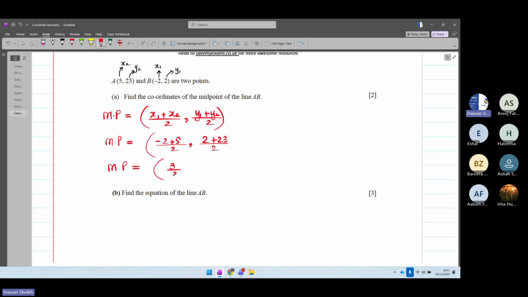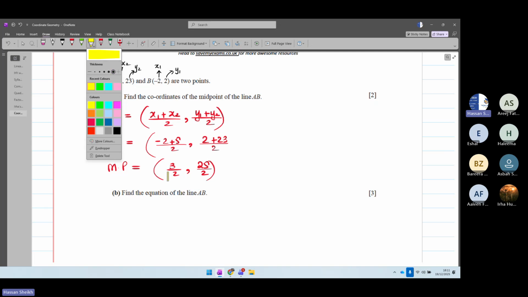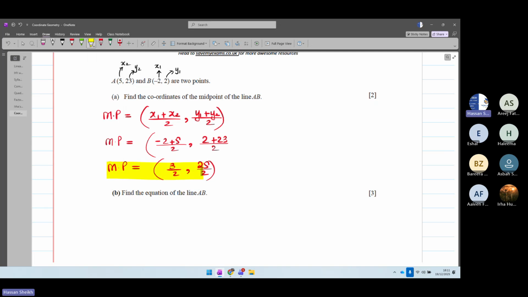You can write it as 1.5 as well. 2 plus 23 is 25 over 2. You can write it as 12.5 as well. That's your choice, either to write it in decimal or in fraction. Both will be considered correct. Yes, students, doubt?